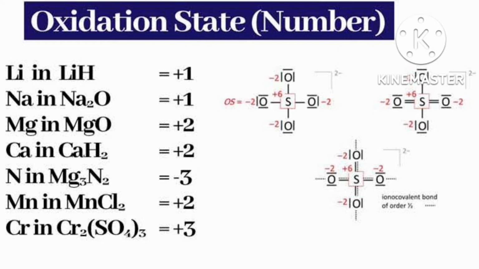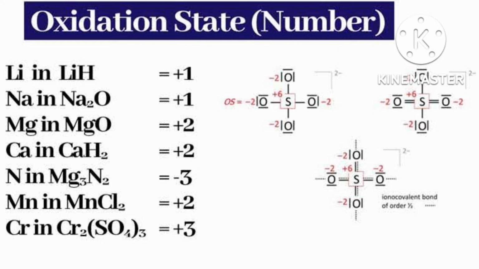For example 5, 6, 7: 5 means they want 3 electrons, so it becomes minus 3. 6 means they require 2 electrons, that's why minus 2. 7 means they require 1 electron, that is minus 1.